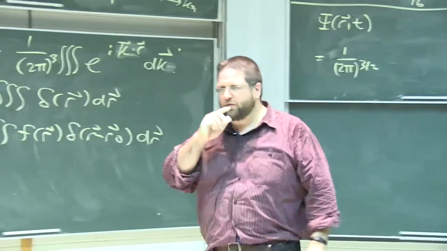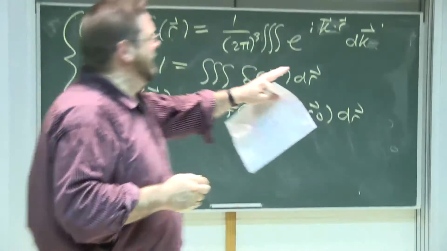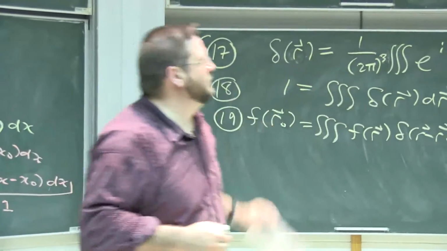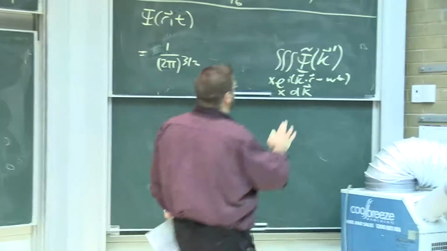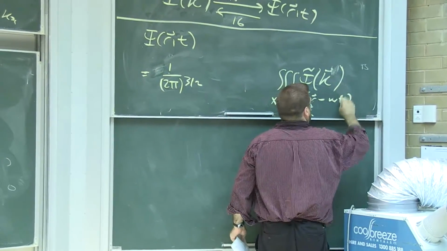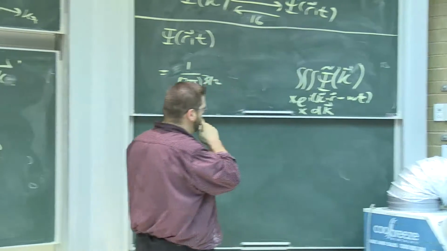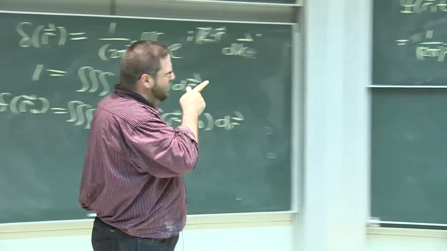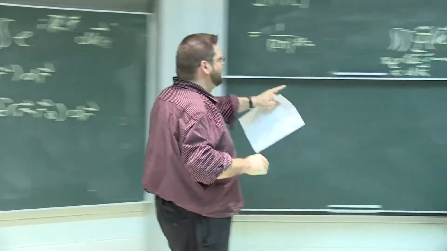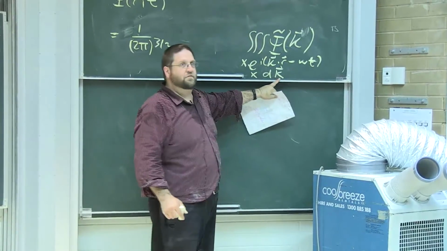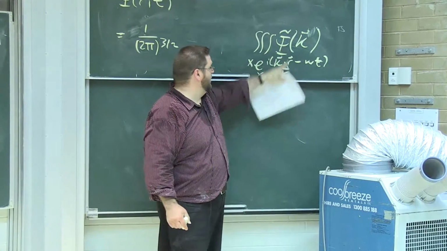Now we need to be very careful here. There's no prime yet. That k that appears there doesn't really exist. This is a dummy variable that's integrated over.